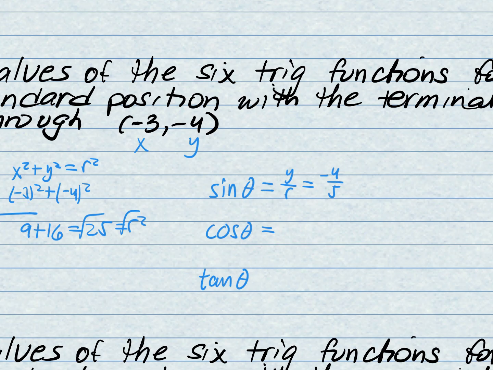Cosine is going to be x over r, and that's going to be -3 over 5. Tangent is y over x, and that's going to be -4 over -3. The negatives cancel out, so I get +4 over 3 as my answer for tangent.